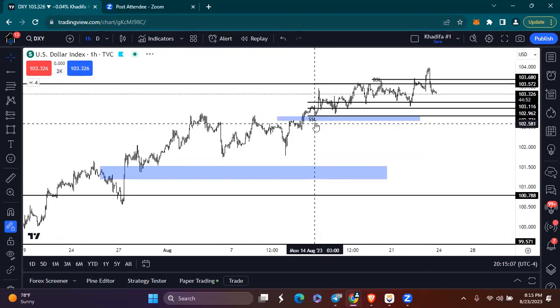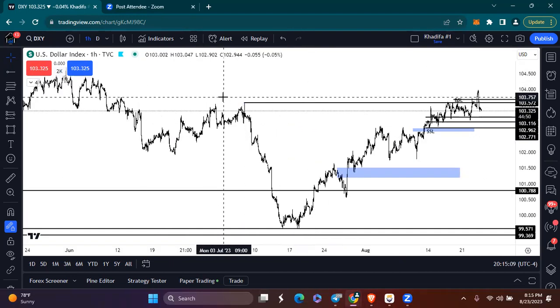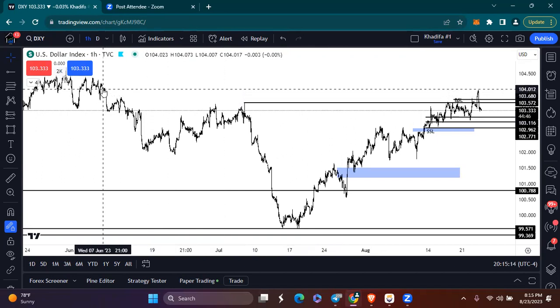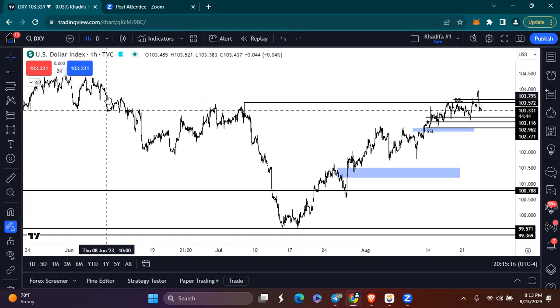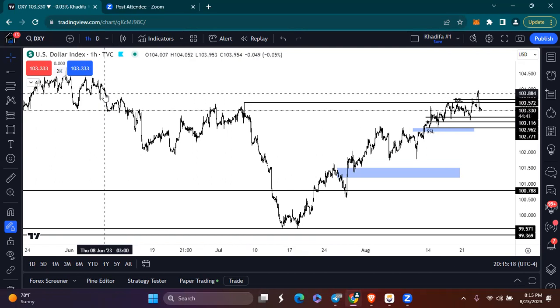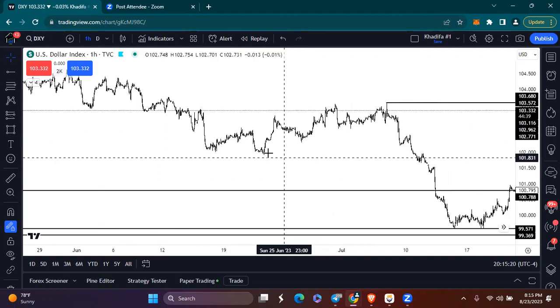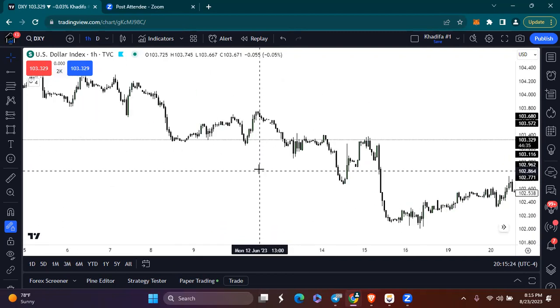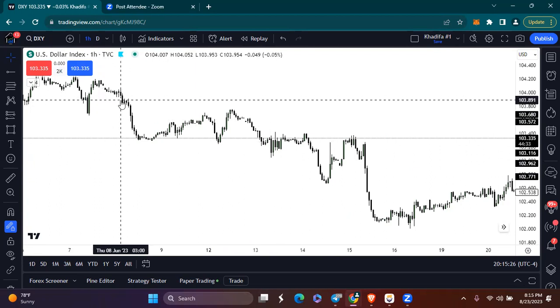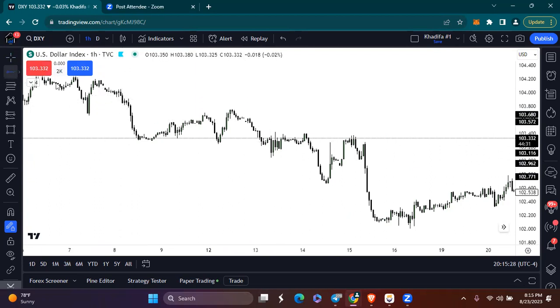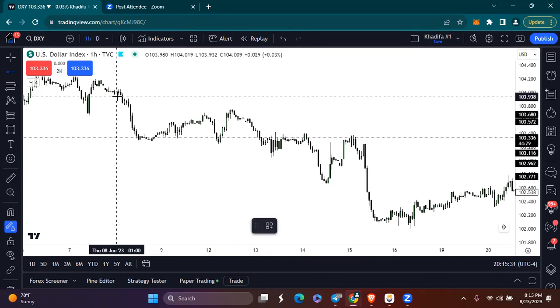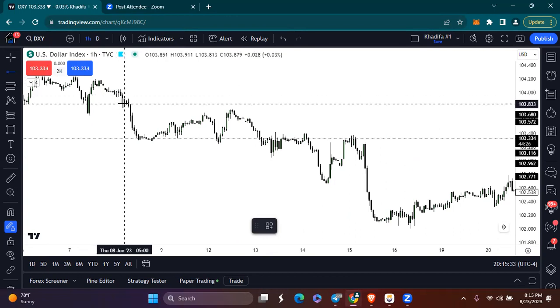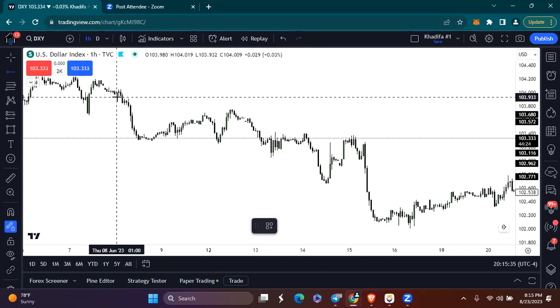We extended a little higher to fill in this imbalance to the upside here. And we came into this small little imbalance right here. You put a level on that imbalance, this CB, right?